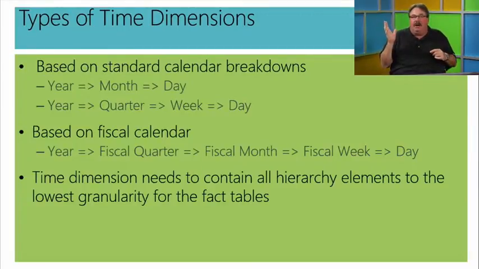So some companies are going to have a fiscal year that starts at a different time than other companies and may not start at the same time as a calendar year does. Nope. Many companies have a fiscal year that runs July 1st to June 30th. You got to be able to represent that.